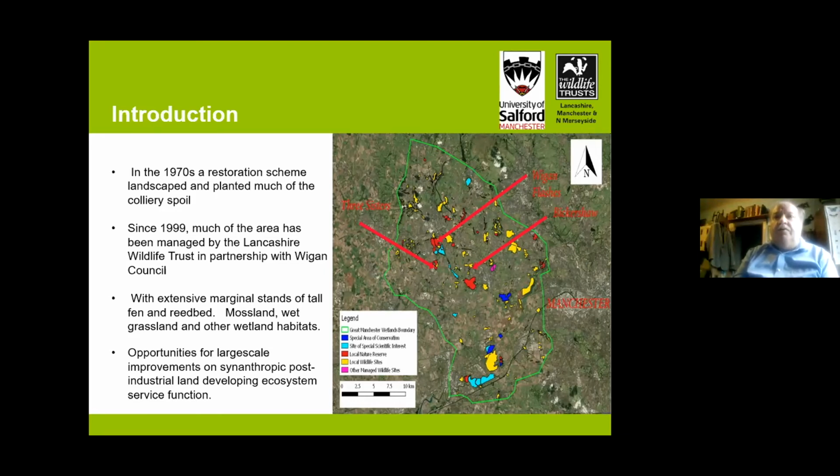And the Wigan area holds around about 10% of the whole of the UK population of this particular species. And one of the reasons is that these post-industrial sites have this sort of impeded drainage.